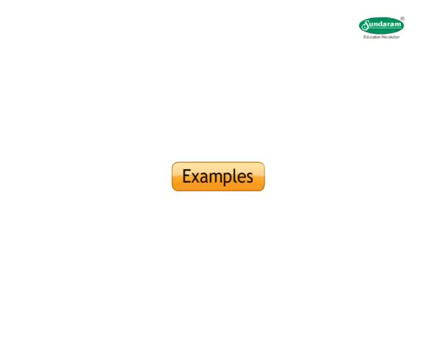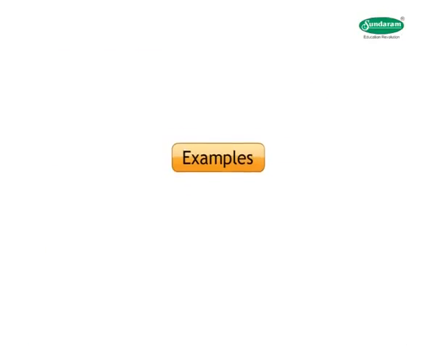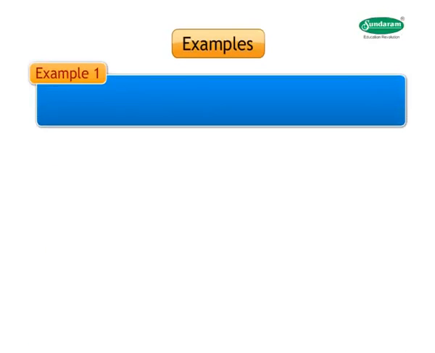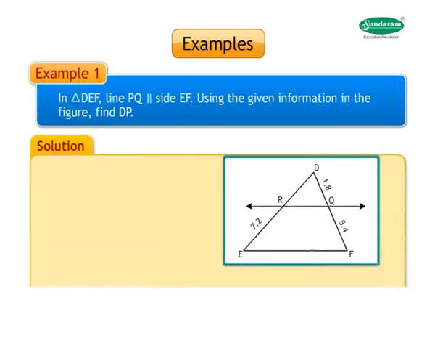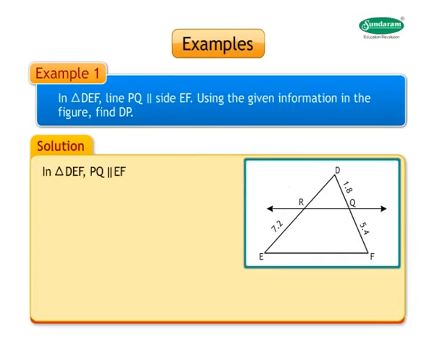Now let's look at few examples. Example 1. In triangle DEF, line PQ is parallel to side EF. Using the given information in the figure, find DP. Solution. In triangle DEF, line PQ is parallel to side EF.